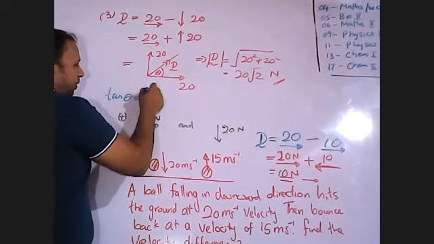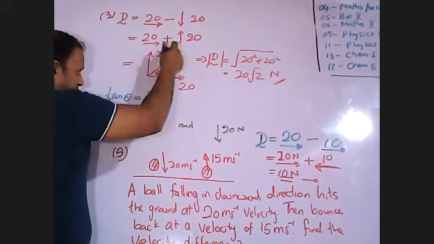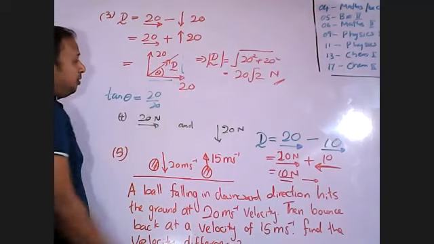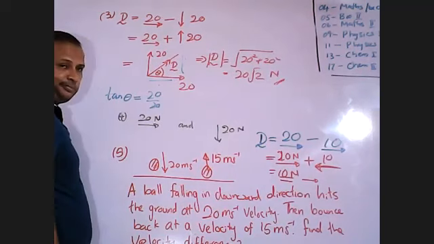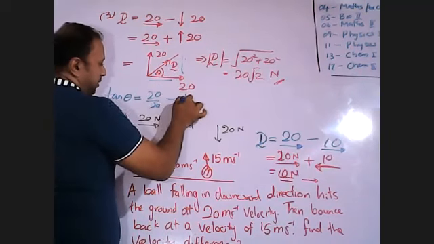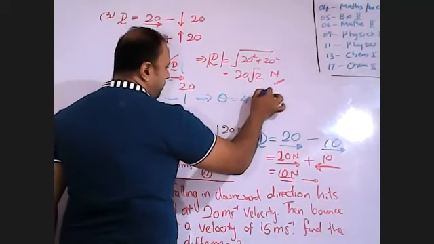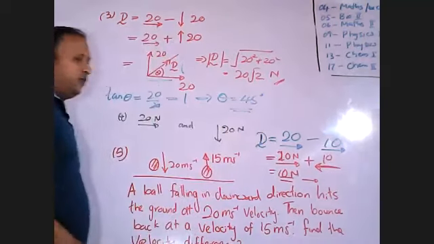Tan theta is equal to y over x. Y is 20, x also 20. Therefore, 20 over 20, that is equal to 1. That means theta is 45 degrees.